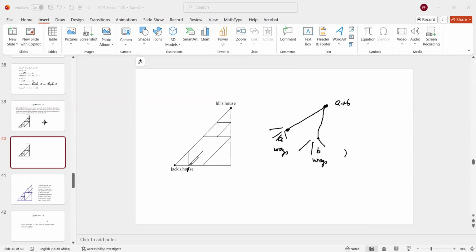So this means that to get to this point, there's only one way. Likewise, to get to this point, there's only one way. You can only travel horizontally, right? But this is not the same, because you can go this way or this way. So there are two ways in which you can get to that point.